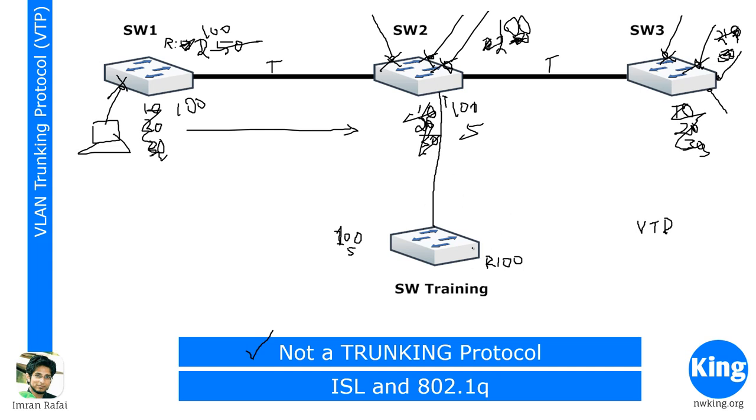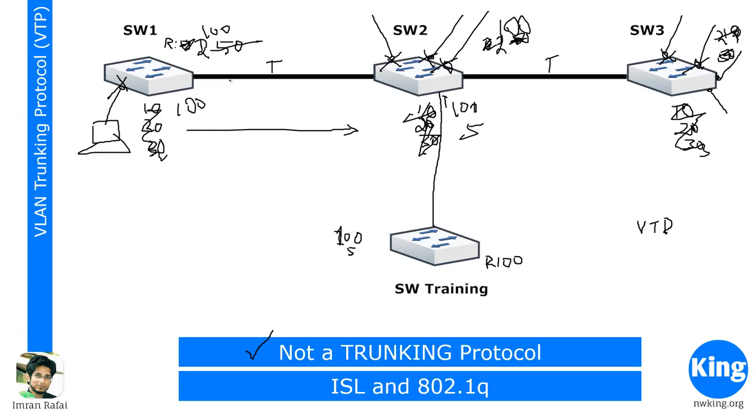Let's say this is running VTP and it has a domain, let's say networking.org, so switch 2 and switch 3 have the VTP domain networking.org. And if switch 1 does not have the same domain, it will not replicate. So as a prevention, you have some safety mechanisms: only if those domains match will the replication take place, but still Cisco recommends not to use it.